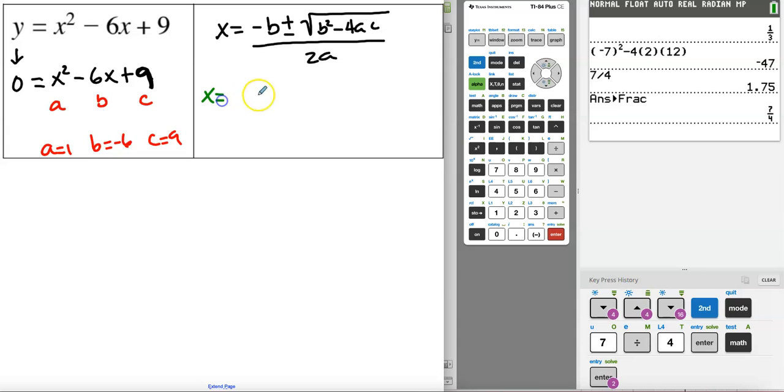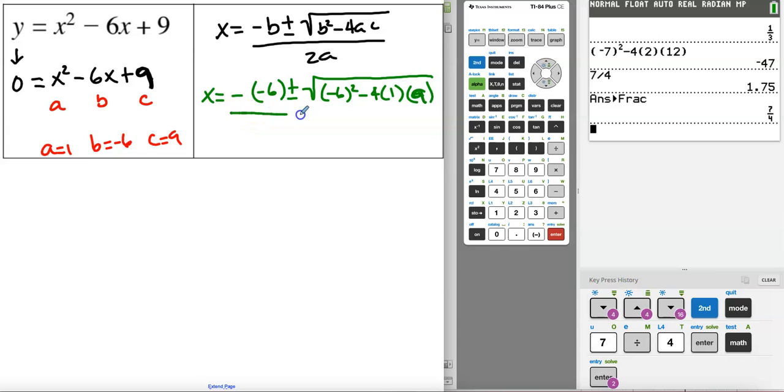So x is equal to negative. Everywhere I substitute these values in, I'm going to put parentheses to help me distinguish what I'm substituting in. Okay, so I put negative 6 squared minus 4 times 1 times 9, and that's a 9 there. It's not an a, that's a 9.